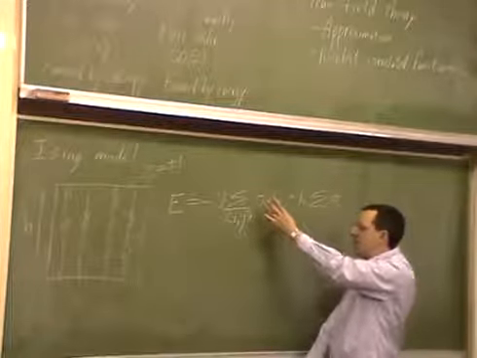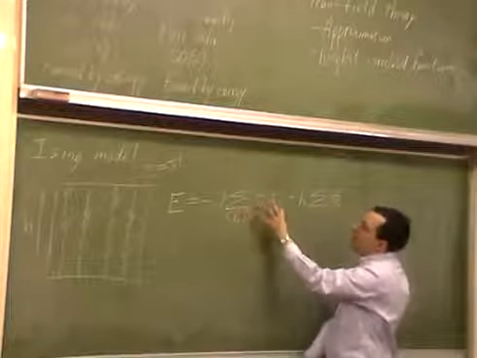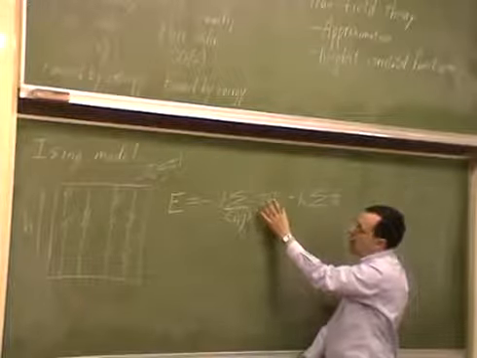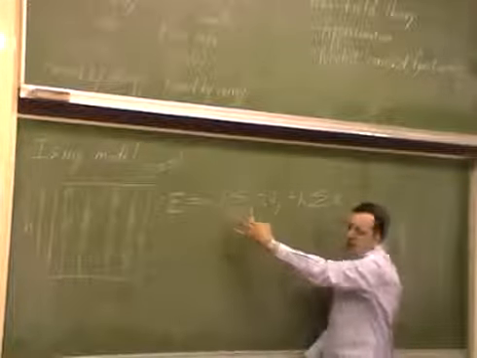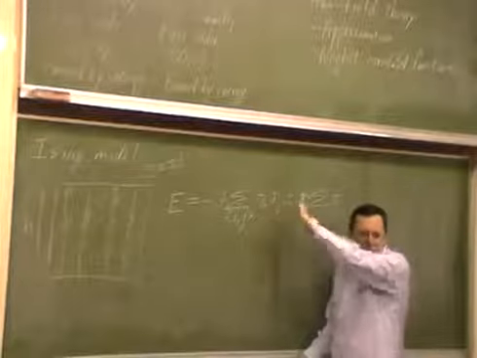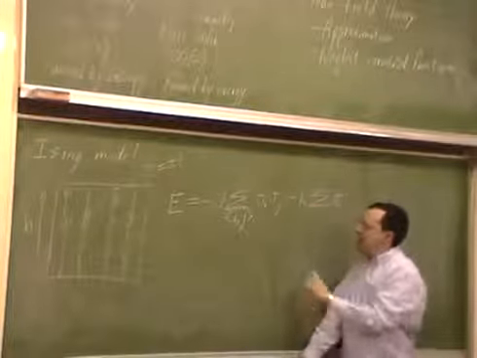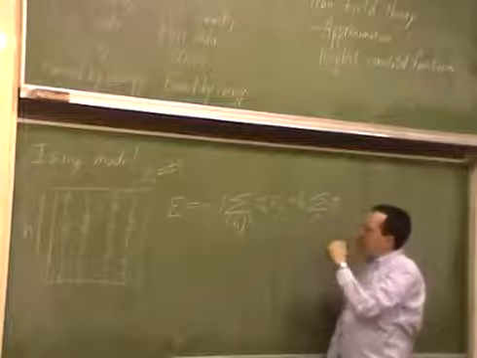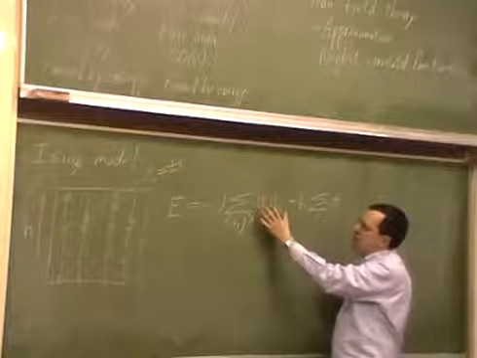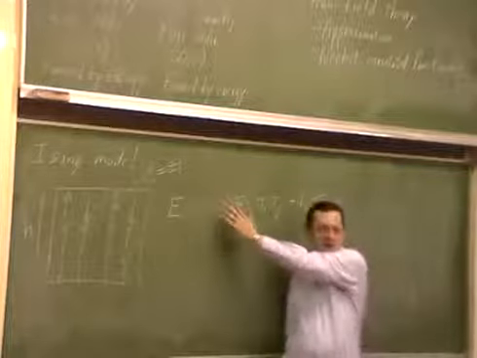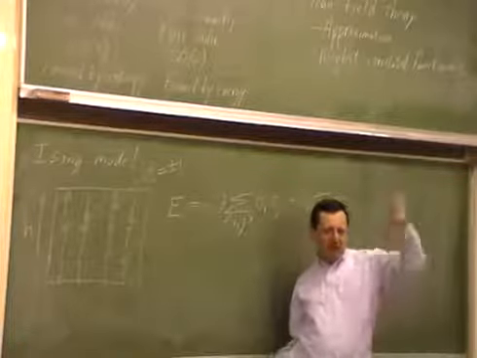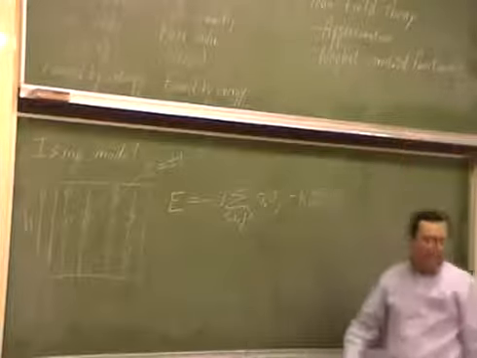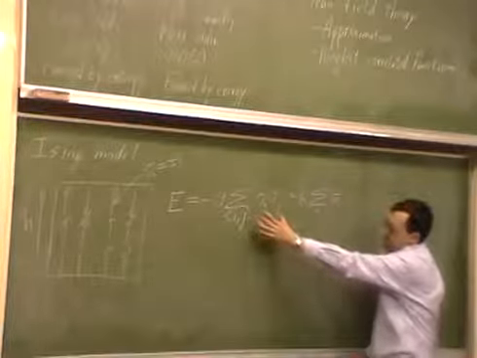If they are both plus 1 or both minus 1, then this product is going to be 1, and so you get an energy of negative J, right, which is good. But if they are opposite to each other, if one is plus 1 and the other is negative 1, then they multiply to give negative 1, and they make an energy of plus J, right, which is a high energy. It's bad. Okay, so that's the interaction term.